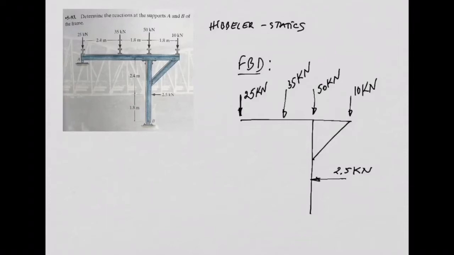So starting with support A. If you look at this support here at point A, you can see that the beam is supported on a roller, right? Roller means the beam can move in the horizontal direction. You all agree with me? Yeah. So if it can move in the horizontal direction, there will be no reaction in the horizontal direction.